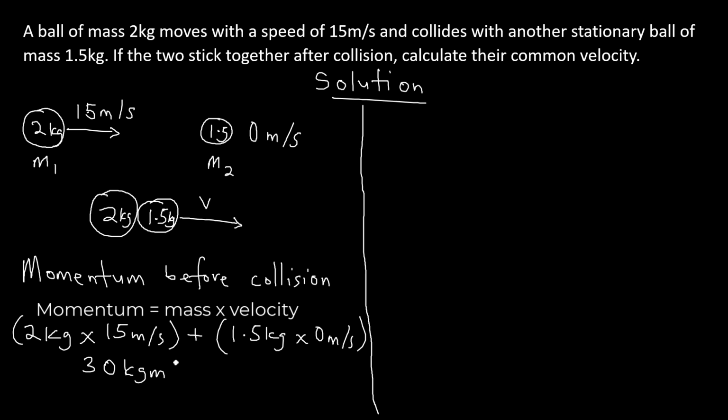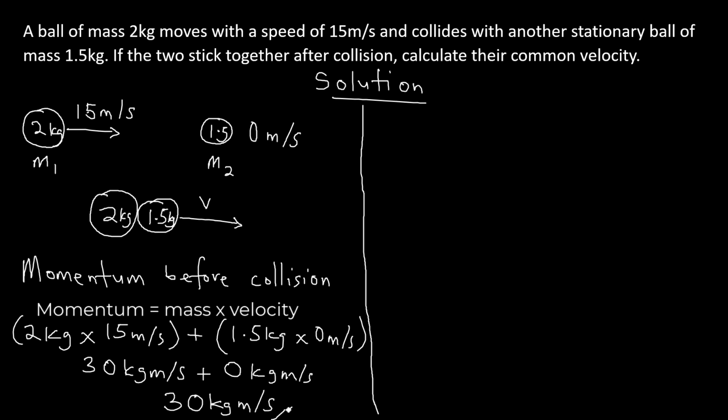And 1.5 times 0 gives us 0 kilogram meters per second. So the momentum before collision will be 30 plus 0. So the total momentum before collision is 30 kilogram meters per second.